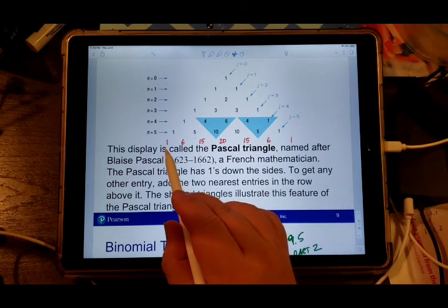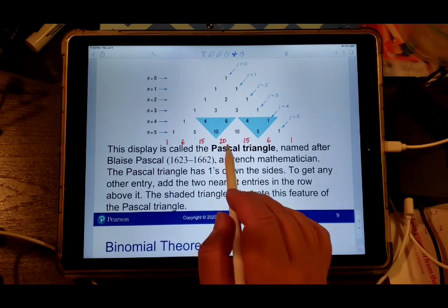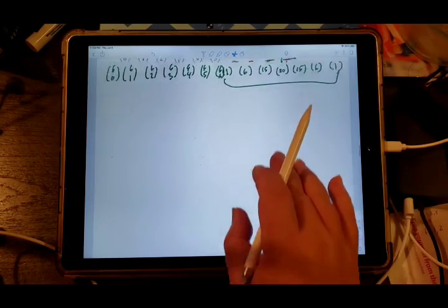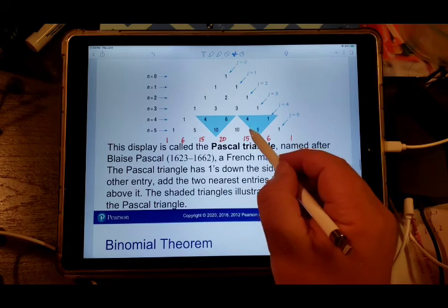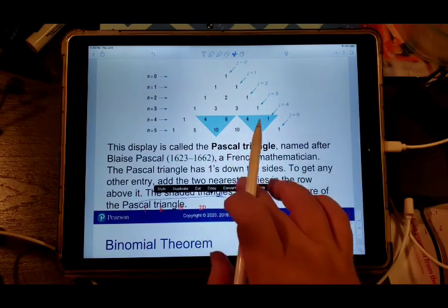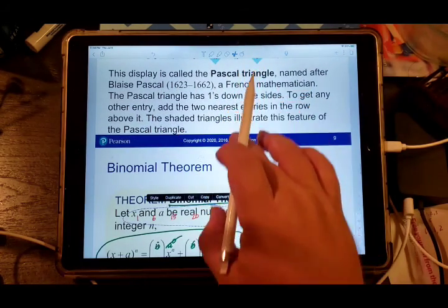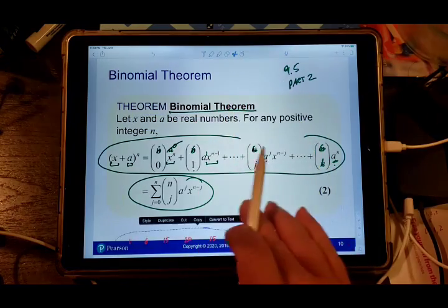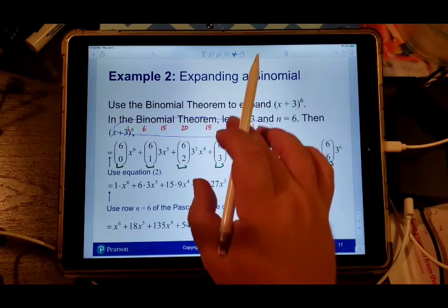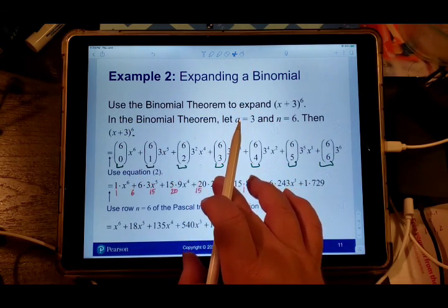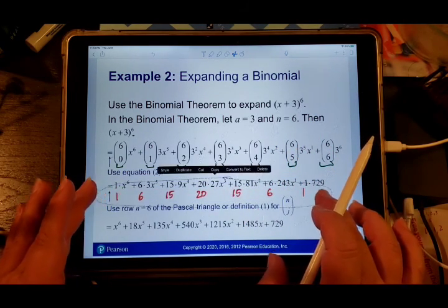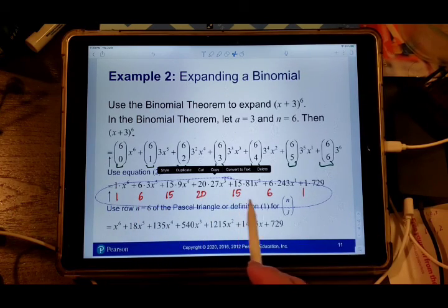So hopefully you recognize the 1, 6, 15, 20, 15, 6, 1 from Pascal's triangle. I'm going to literally take that to try to explain why I want Pascal's triangle. I'm just taking all of those numbers. They are the coefficients that you see here, the 1, 6, 15, 20, 15, 6.